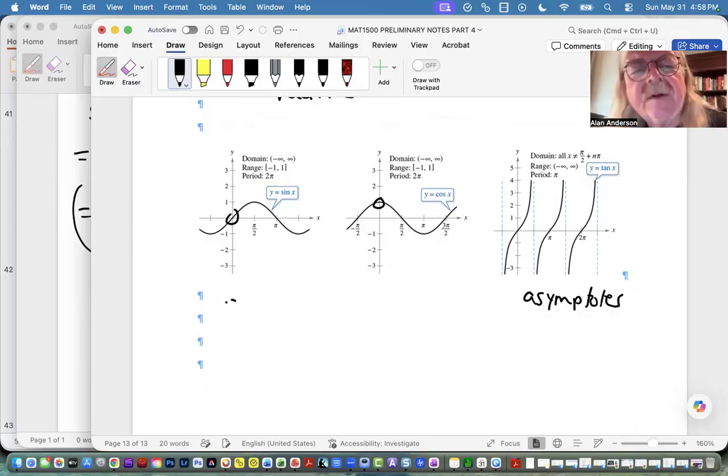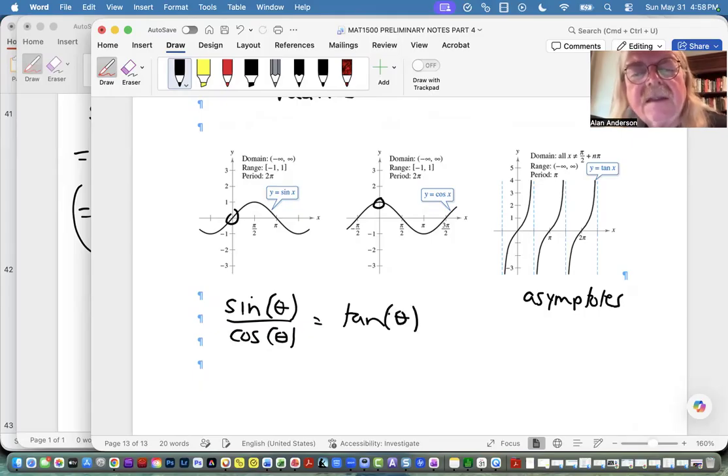Why is that? Because remember, the sine over the cosine is the tangent. Well, that means that any angle that has a 0 cosine will result in division by 0.